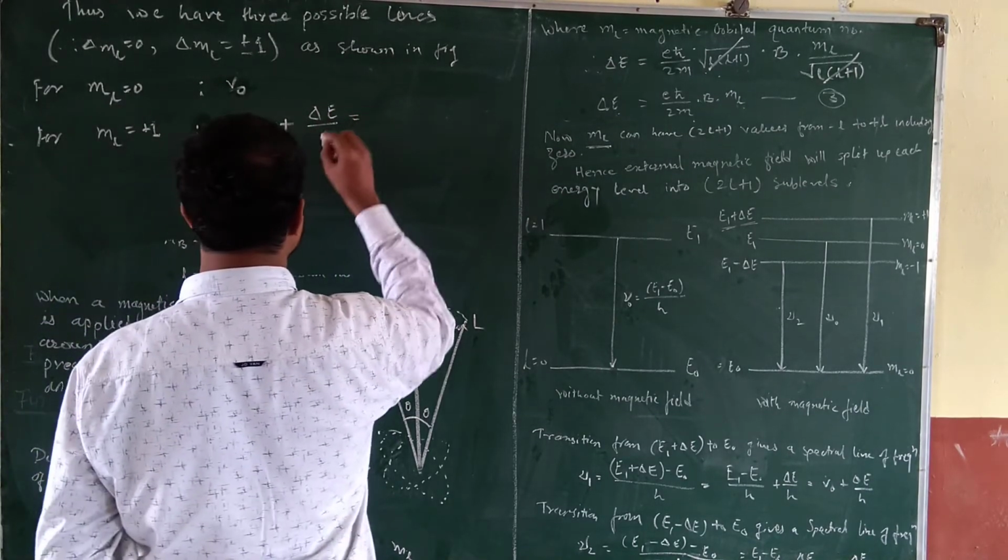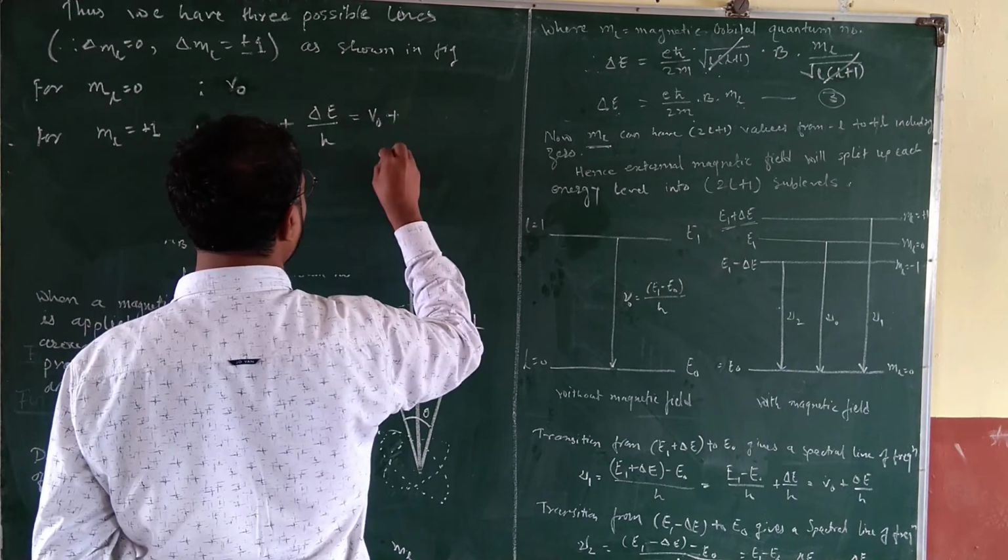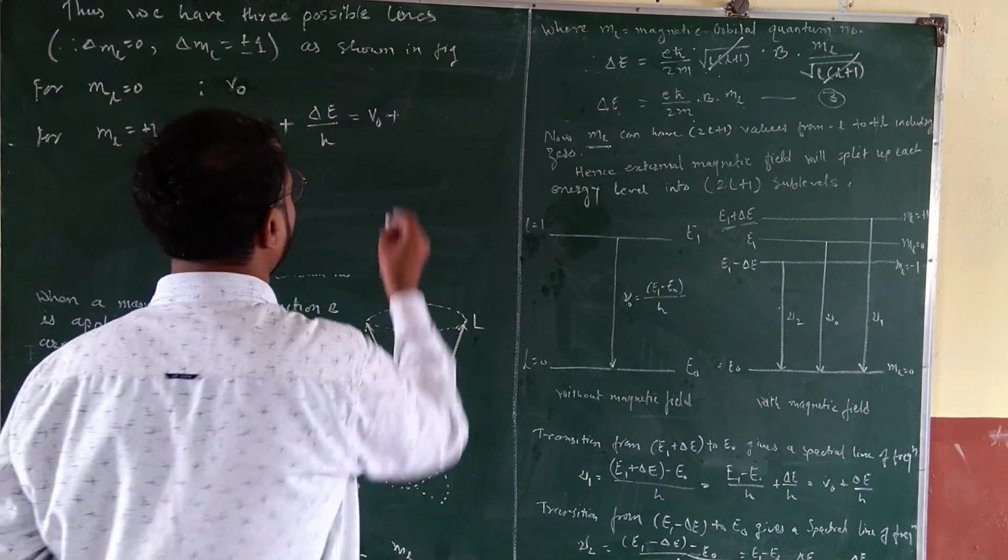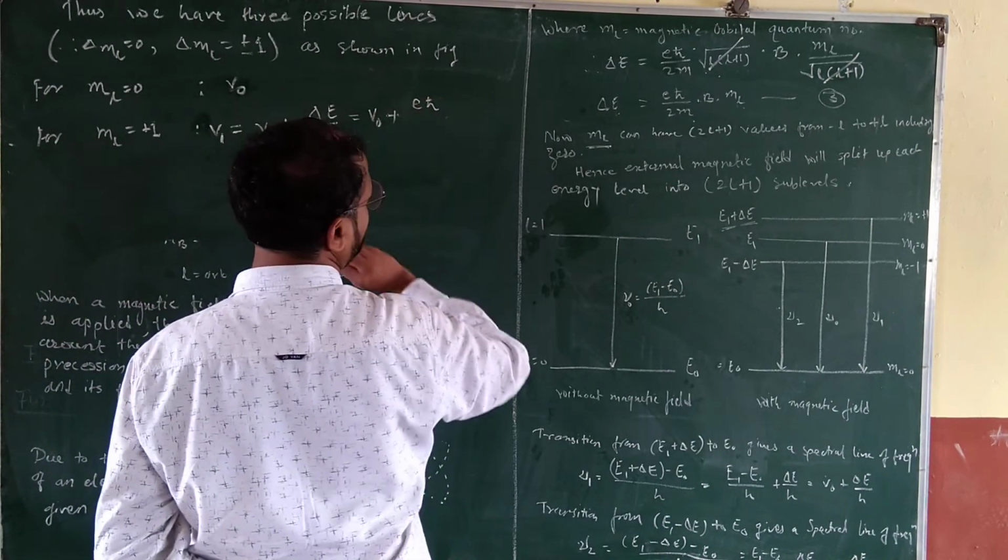Again I solve this: v0 plus what is the value of del E? That is e h cross.